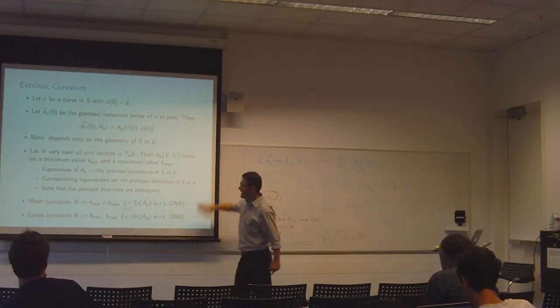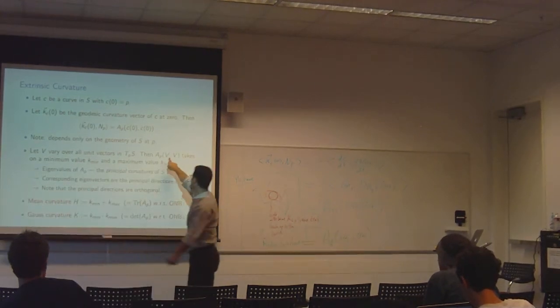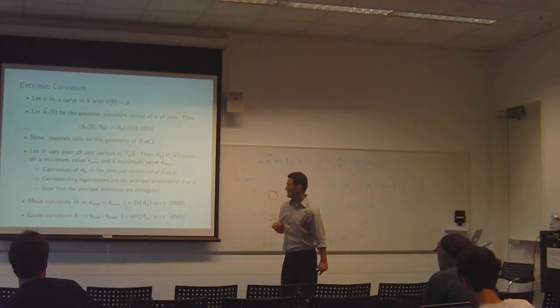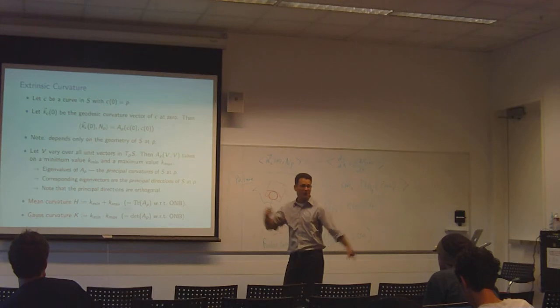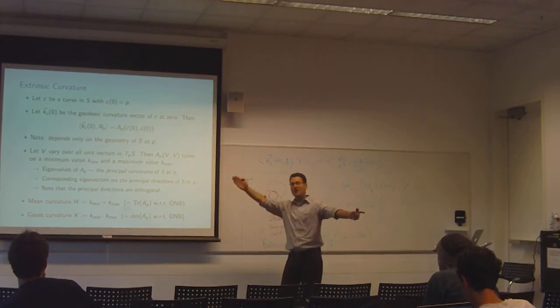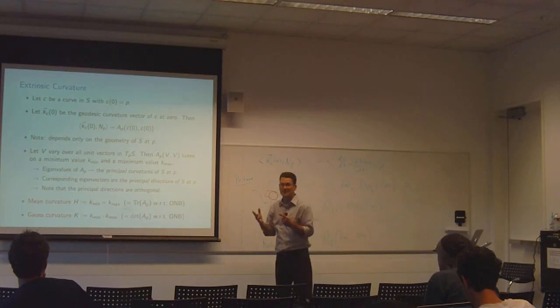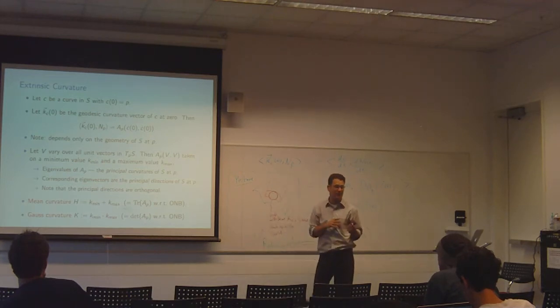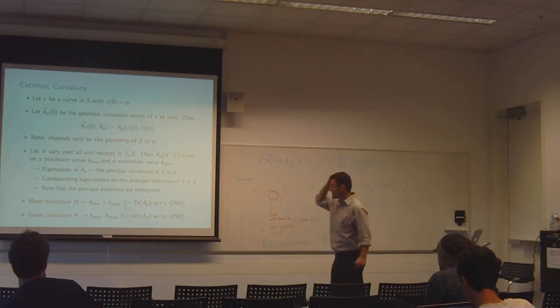It's just a general fact about the quadratic form. And because the quadratic form is self-adjoint, as we just proved, what we know about those principal directions is they are orthogonal to each other. That wouldn't be the case if the quadratic form weren't self-adjoint. But because it's self-adjoint, you have these orthogonal principal directions.